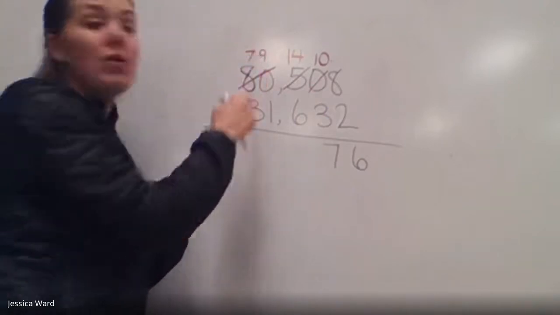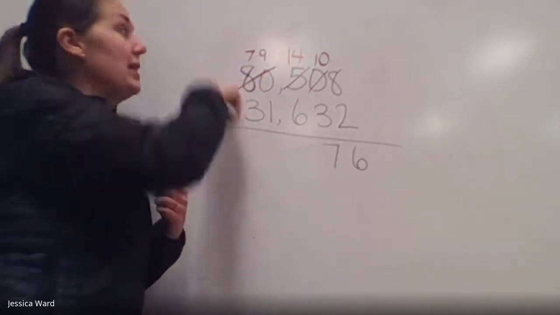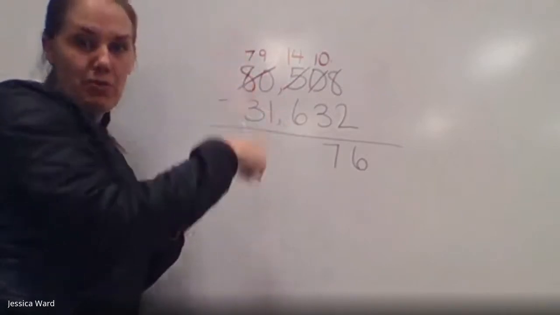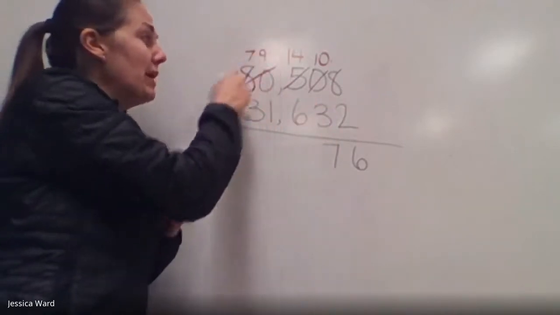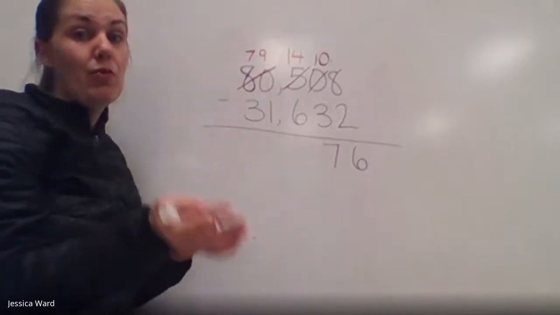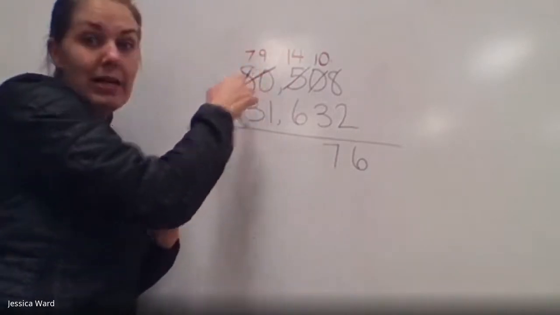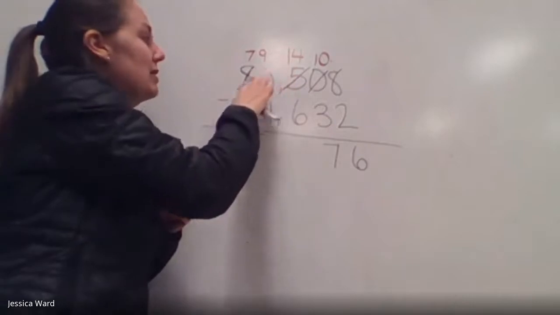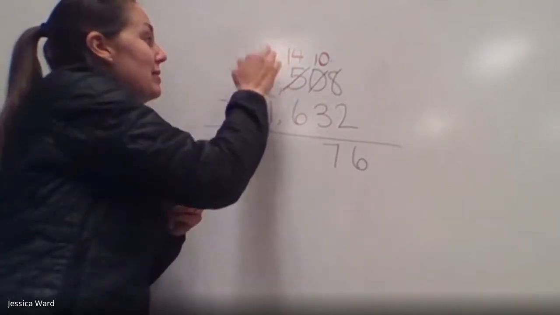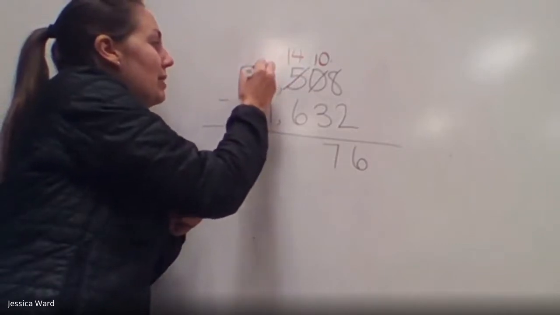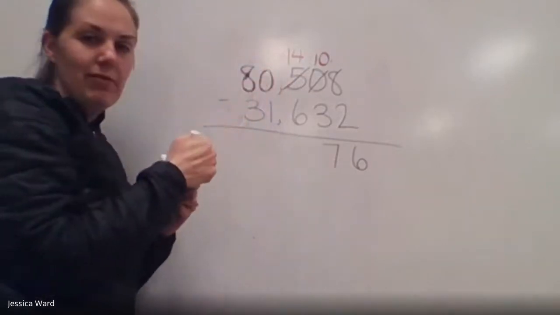That's exactly what we did. We took one group of the tens and then we gave it to the thousands, and then we took one from the thousands and gave it to the hundreds. We're doing exactly the same thing. But if you look at it like 80, take away 1, we would have 79. Now, I'm not saying do that. I'm saying continue to do it the way that you're doing it. I just wanted to point out that it's the same way of thinking about it, just a slightly different approach.